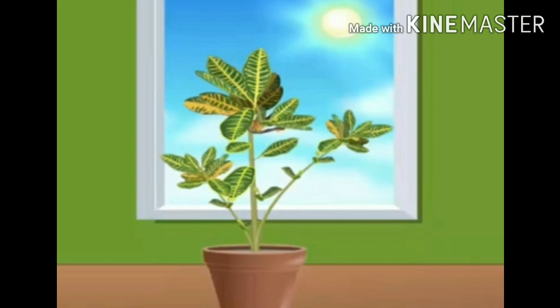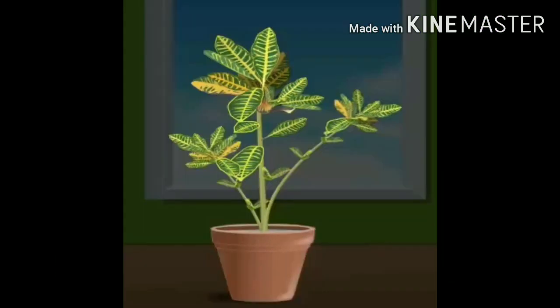Keep the plant in a dark room for 3 days in order to de-starch the leaf. Now keep the plant in sunlight for about 6 hours. Pluck a leaf from the plant and mark the green areas in it and trace them on a sheet of white paper.